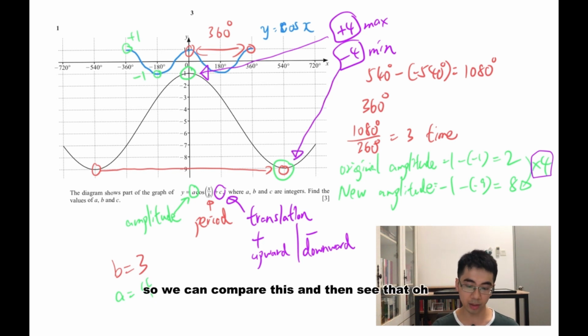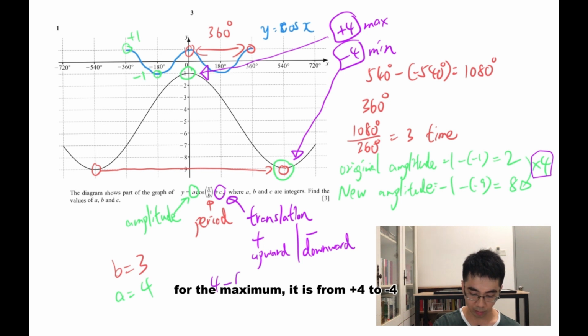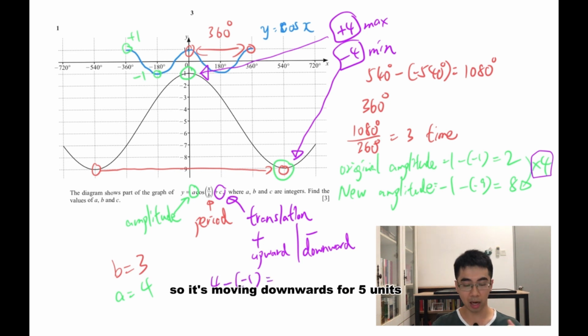So we can compare this and see that this graph is actually going downwards compared with 4 times cosine x over 3. So here we can compare and calculate that the maximum is from 4 to negative 1. So it's moving downward by 5 units.